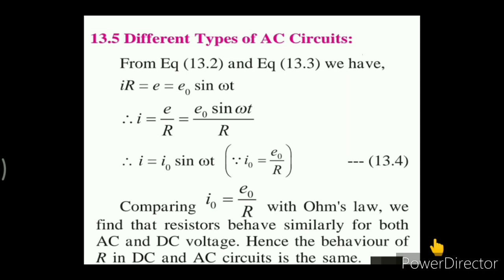And we come to know that on comparing I0 is equal to E0 upon R with Ohm's law, we find that the resistor behaves similarly for both AC and DC voltage. Hence, the behavior of R in DC and AC circuits is the same.